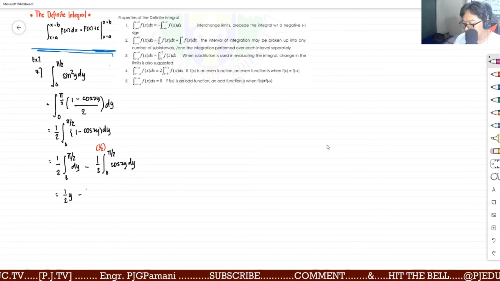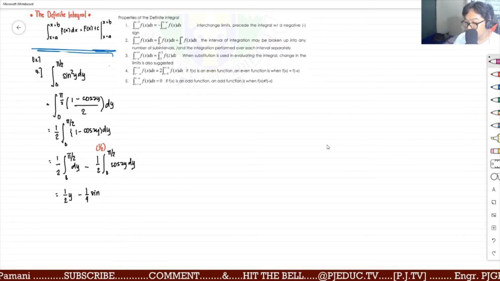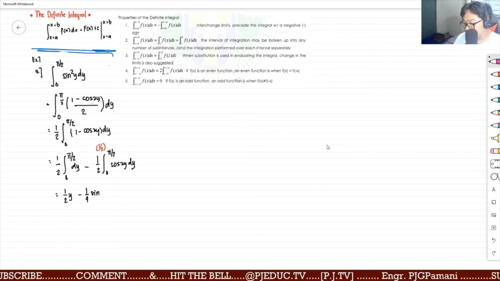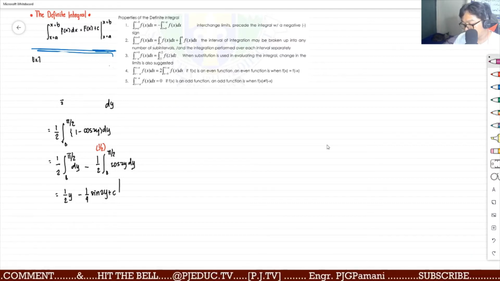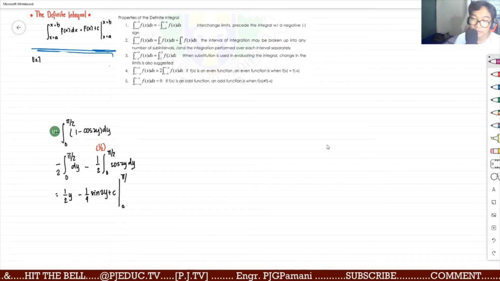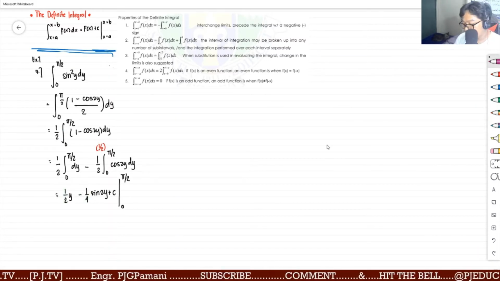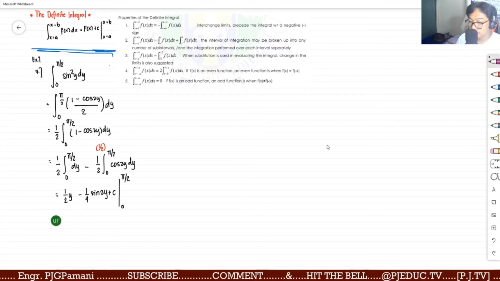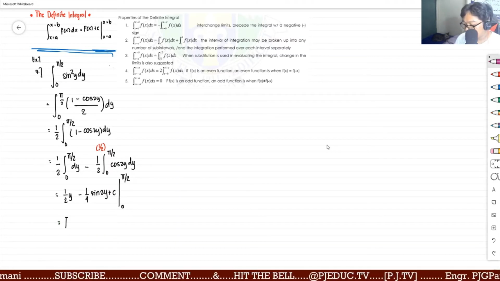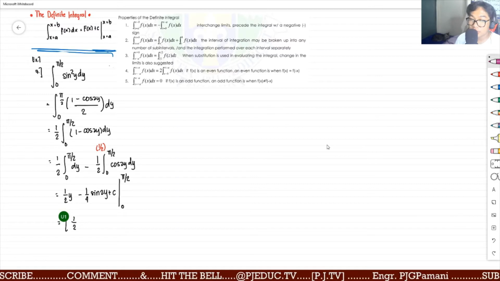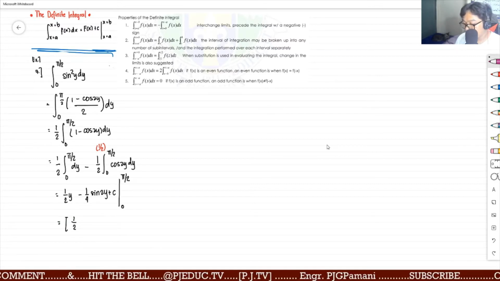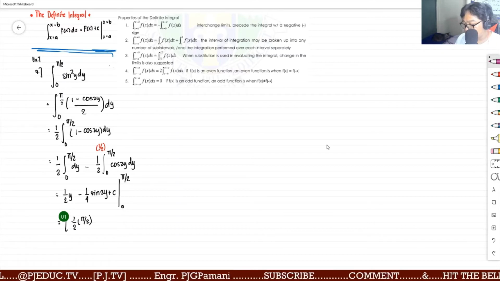So that is 1/4 of sine 2y plus c, then your lower and upper limit. The integration constant will cancel, so you don't need to include it later on. Again, substitute the upper limit for your variable y and subtract the lower limit.